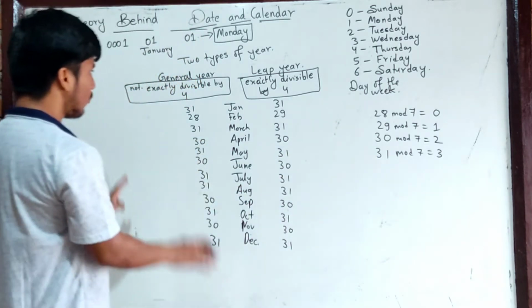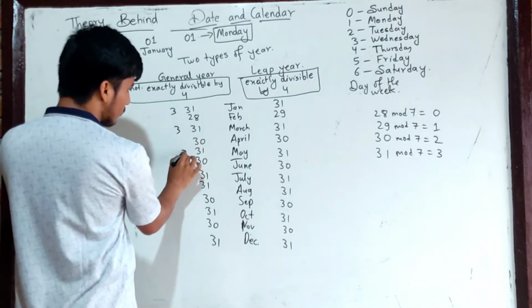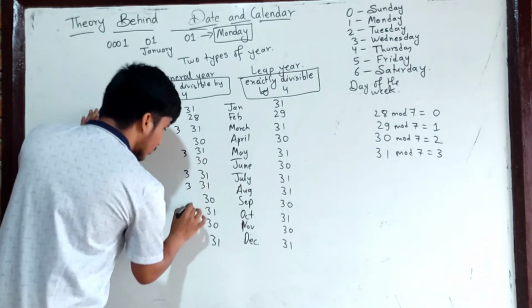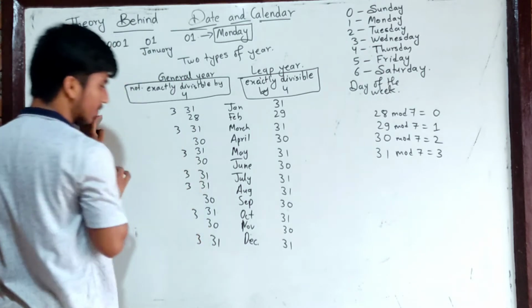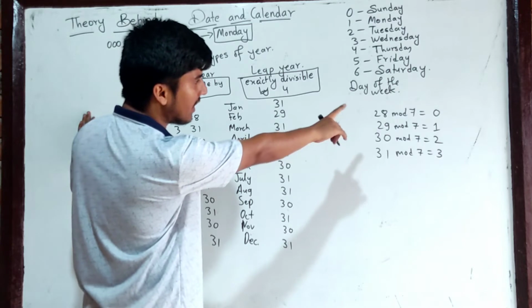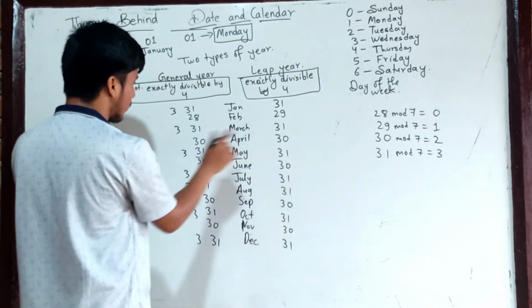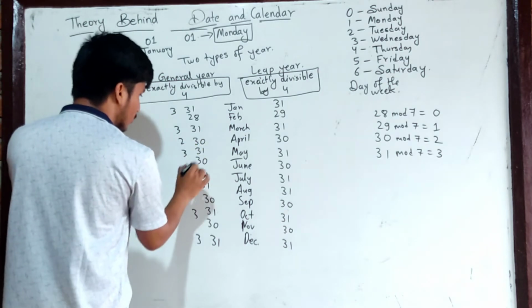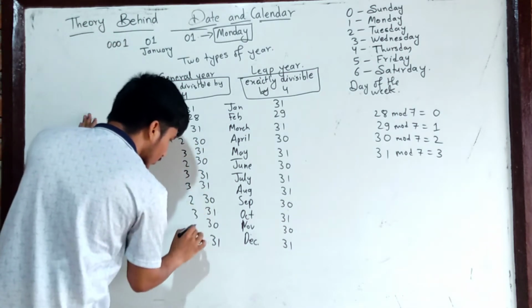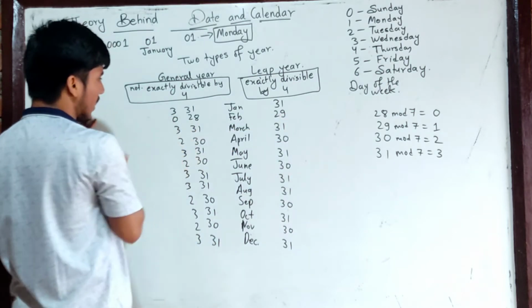Now we can write 3 for each 31-day month, and for the months with 30 days the number of odd days is 2, and for 28 the number of odd days is 0, right?